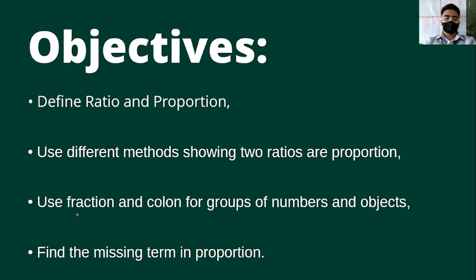As well as we are going to use fraction and colon for group of numbers and objects. Later on we are going to discuss what those fraction and colon are. And lastly, we are going to find the missing terms in proportions. Alright, let's now go to define.